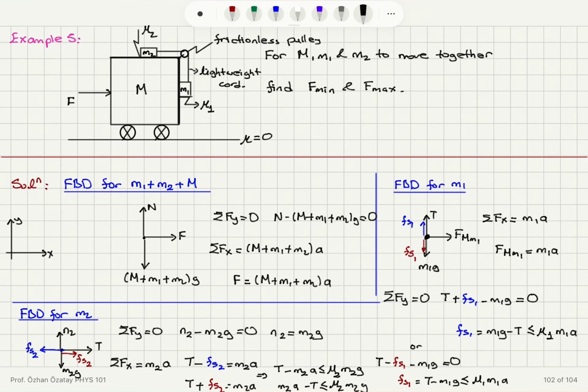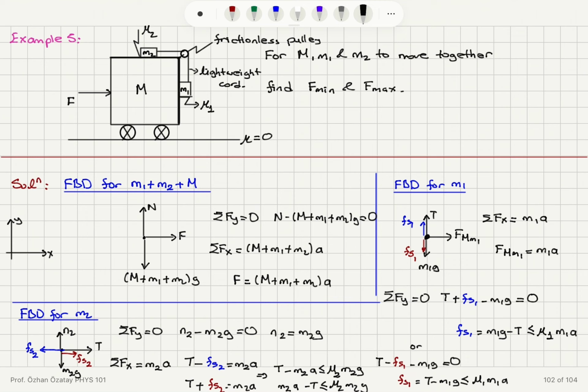Okay, so as you can see here, we have to consider all possibilities for static friction. Static friction can be pointing up or down, or to the right or to the left. It has to be parallel to the surface, opposing the motion. If the motion is to the right, M1 is going down and M2 is going to the right, it will act to the left on M2 and in the upward direction for M1.